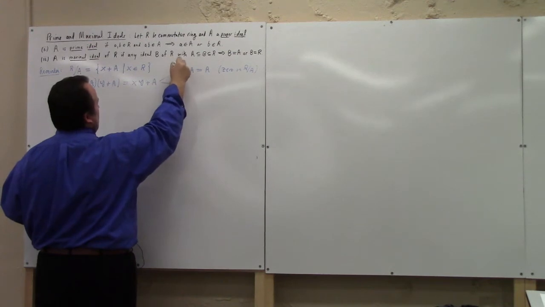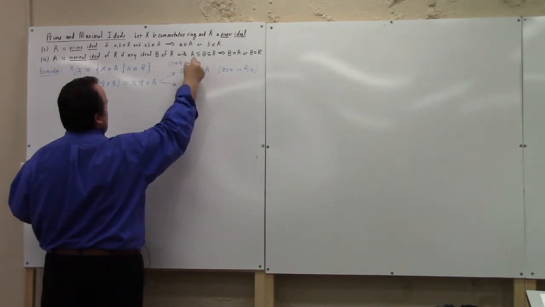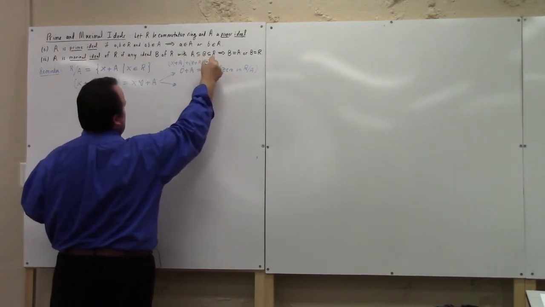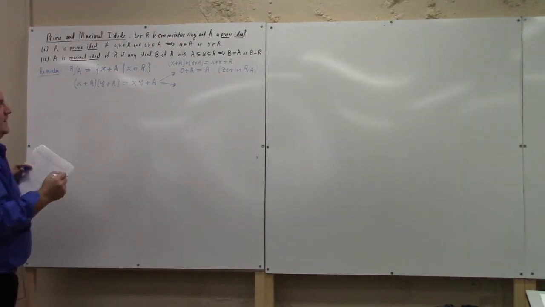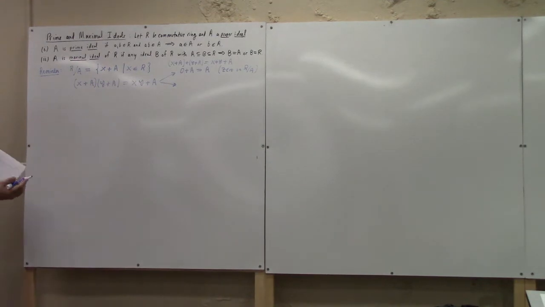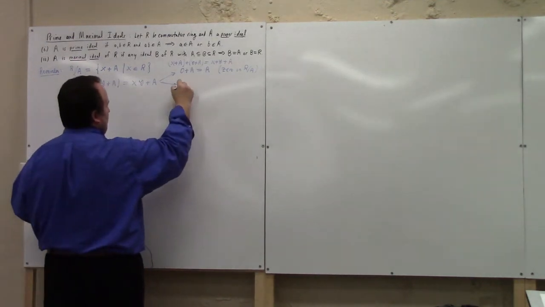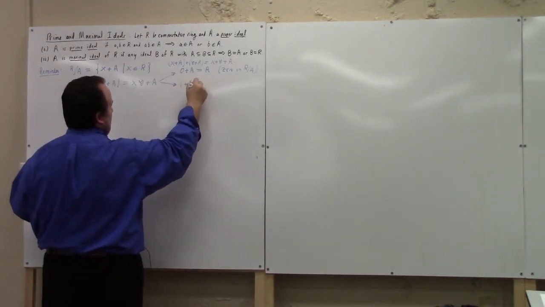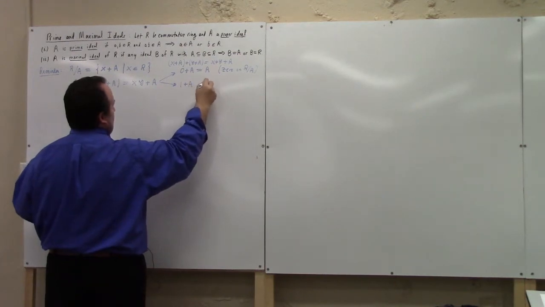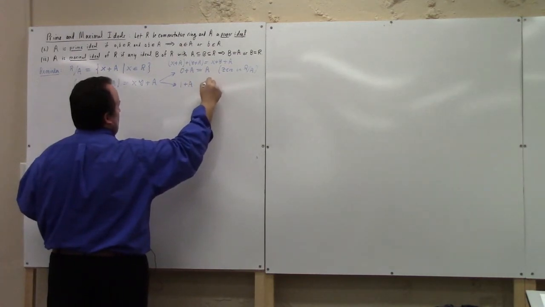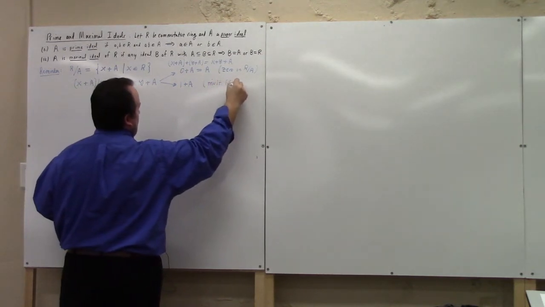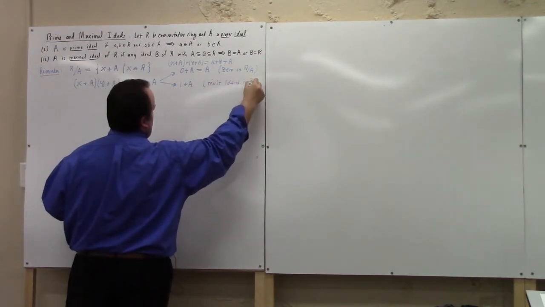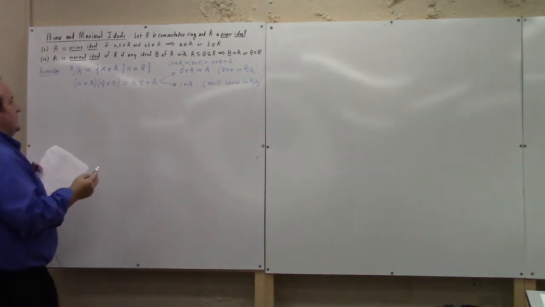The addition says you add representatives. But anyway, the multiplicative identity serves as the multiplicative identity in R mod A. Okay, so we'll need to remember those for the proofs we look at today.